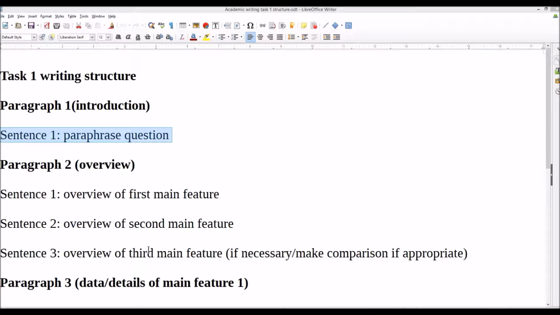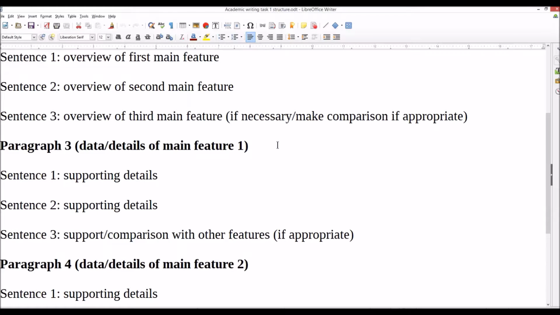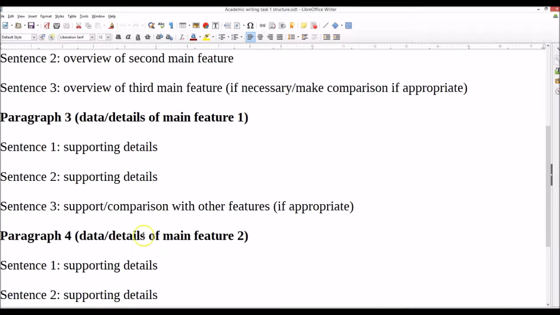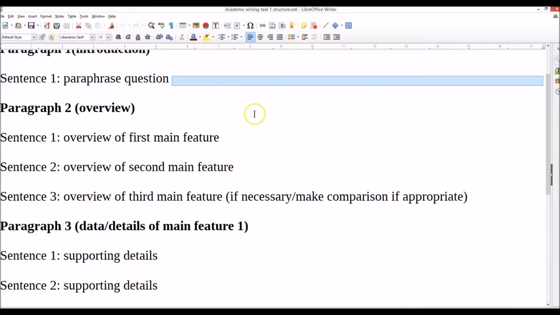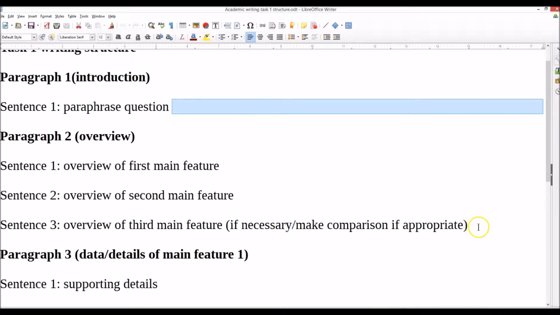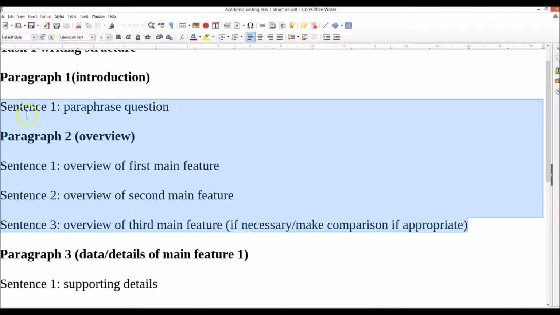Because there's usually only 2 or 3 most important, obvious features, as we'll see in a moment. Then, for paragraph 3 and 4, you go into it and explain it with the details, with the data. What's the percentage, what's the number, what's the date, what's the year, etc. So, there's no figures or information or data in the overview.